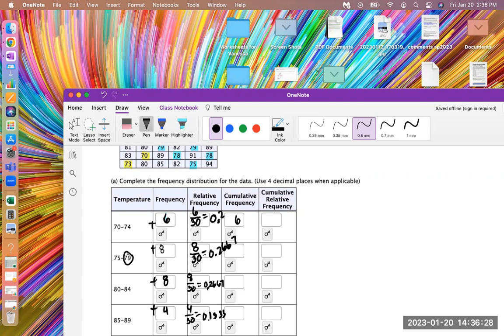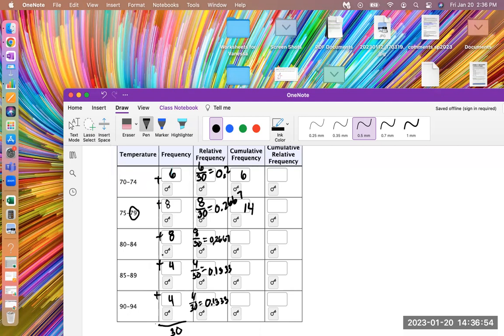Another way of saying it is how many observations were 79 and less. It's the 8 that are between 75 and 79, but also the 6 in the row above it. So it's 8 plus 6 is 14.